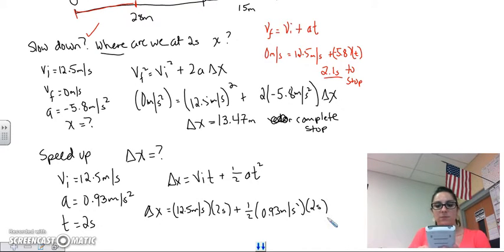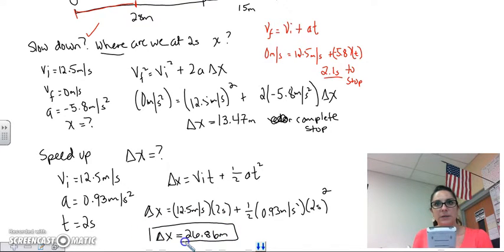That gives me 25. Then I'm going to add that to the next part, 0.5 times 0.93 times 2 squared. So what we get is delta x is 26.86 meters. So speeding up.